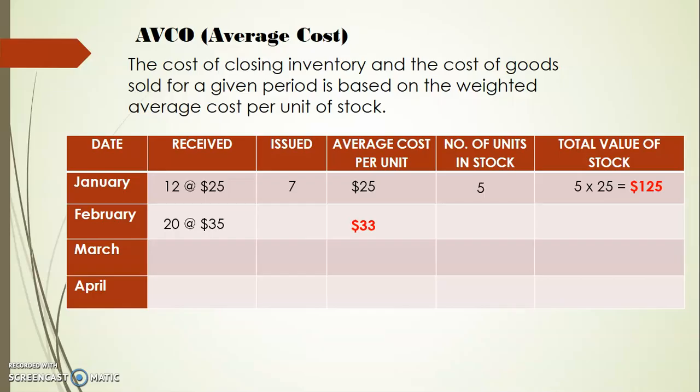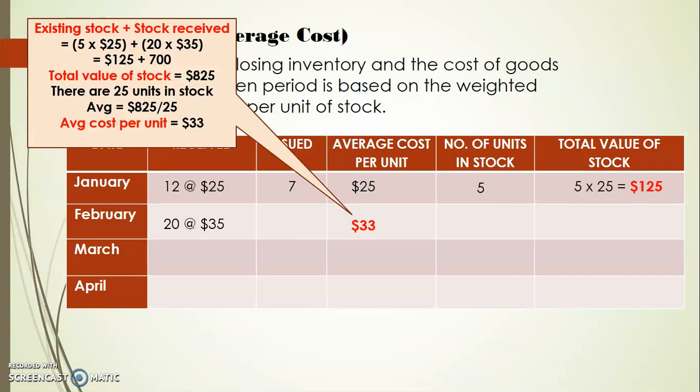worked out at $33. Now you may ask a question, where did this figure come from? Using the Avco method of stock valuation, we take the existing stock value, add the stock received value, which will then give us the total value of the stock.